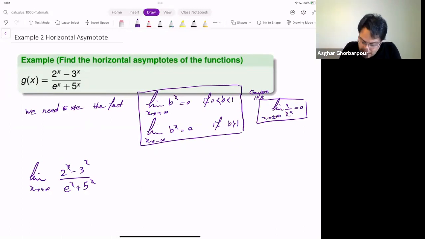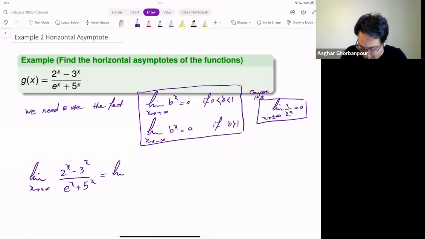By that, I mean that I know that 2 to the power x goes to infinity as x goes to plus infinity. And 3 to the power x goes to infinity as x goes to plus infinity. But I know that 3 to the power x goes faster to infinity than 2 to the power x. I hope that this makes sense. 3 to the power x grows faster.